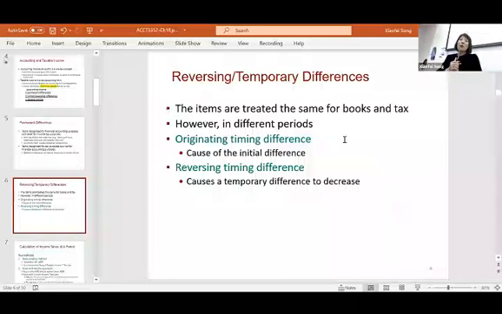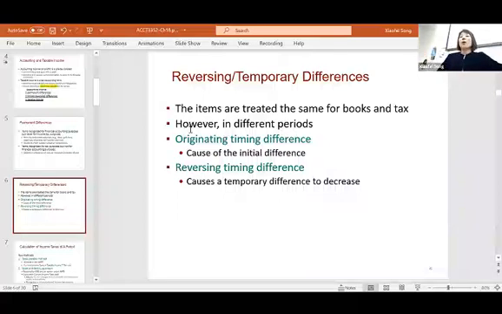That's why it's called reversing. When it's included in one and not yet included in the other, there's a difference. But eventually it will be included in the other one as well. So it reverses. There will be no difference after that.